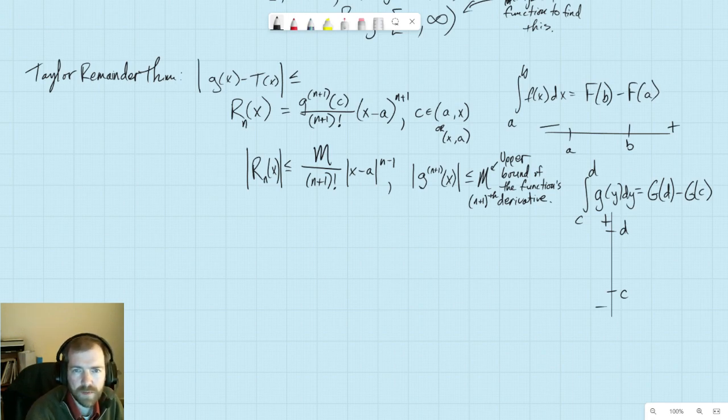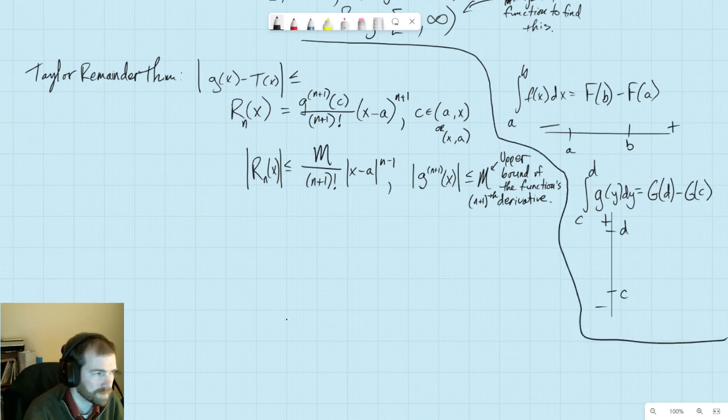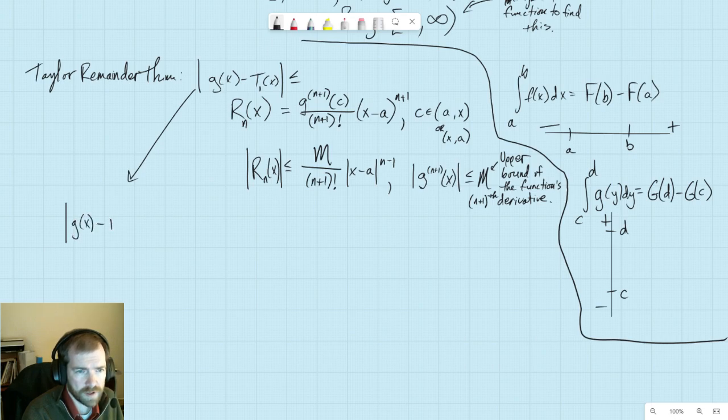Yeah, I'd say power series can become one of the most powerful things that you can do, not to belabor that point, but so the way that you had this, we were trying to find for Taylor 1, okay, so g of x minus t sub 1 of x is going to be less than or equal to, so that we got this stuff over here.